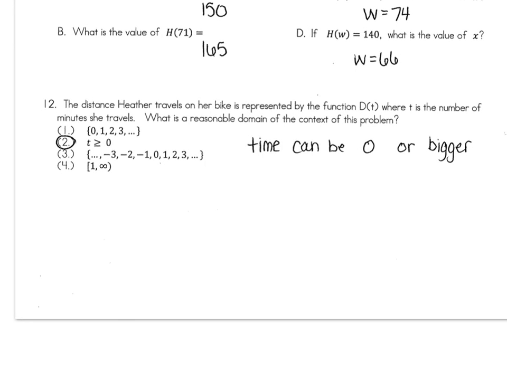Okay, number 12. The distance that Heather travels on her bike is represented by this function, where t is the number of minutes she travels. So it looks like we put in minutes because that's our x value, and we get out distance.